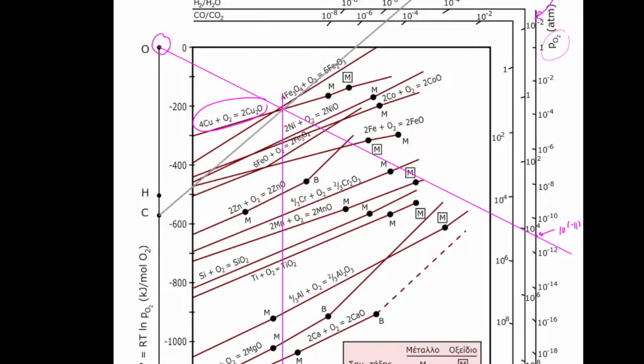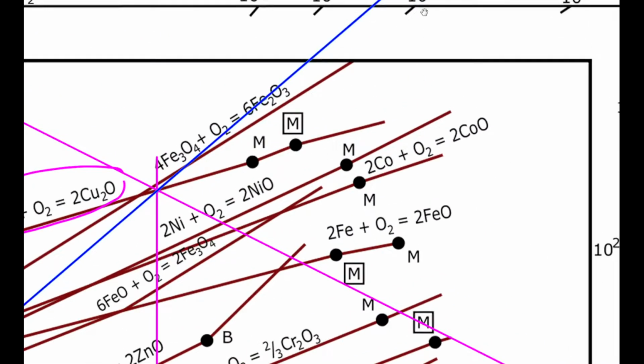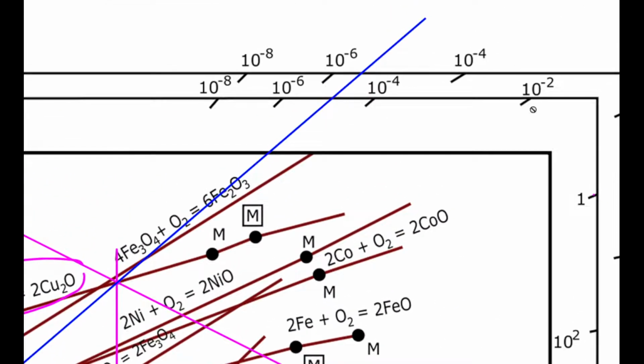That's the intersection of the temperature 727 with the line 4Cu, or with the oxidation reaction line. So, ganyan. Tapos hanggang dito. Okay? So, nandito siya.